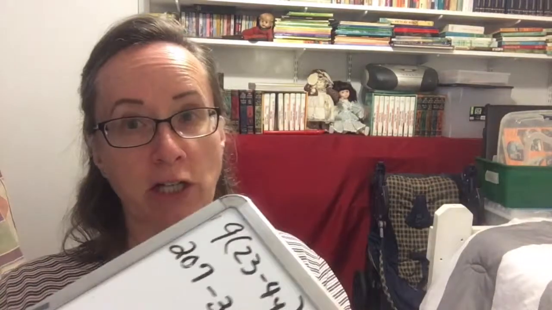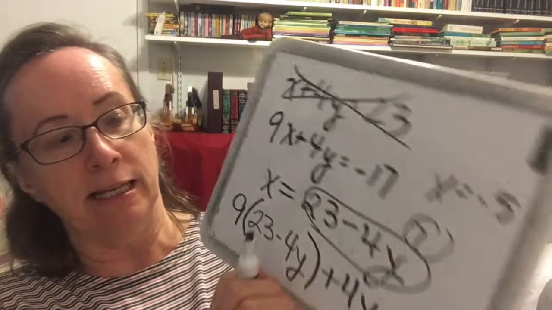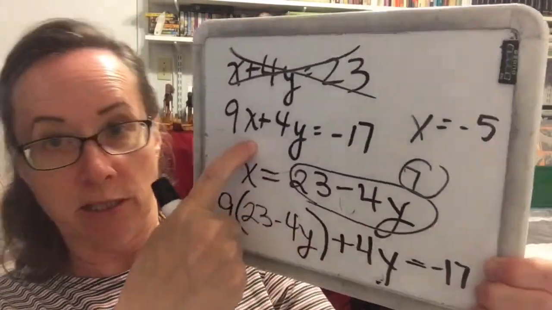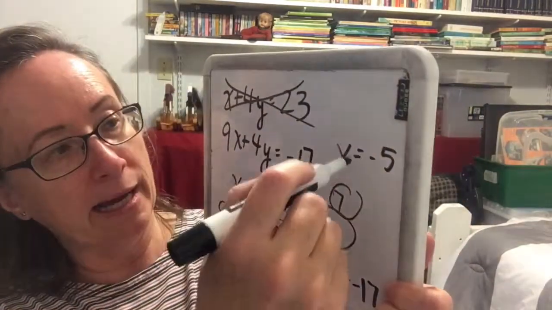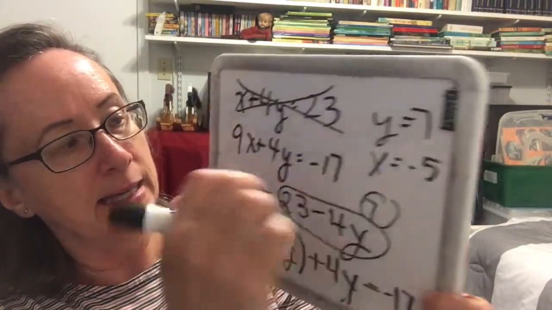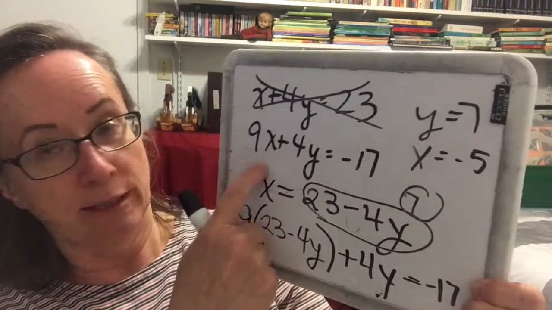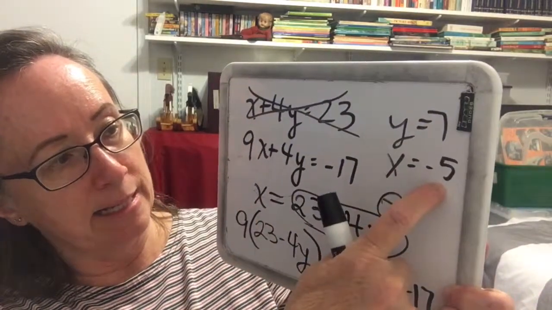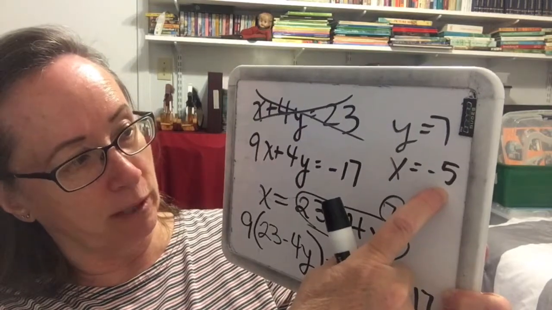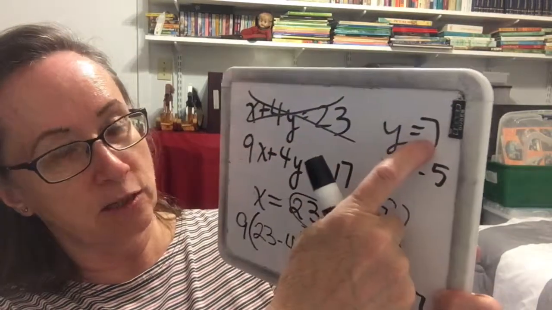And we already checked it in one, so since we checked it in this one, wouldn't it be smart to go back to this one and check it? So y is 7, is this point going to solve here too? So 9 times a negative 5 is a negative 45 plus a 28.